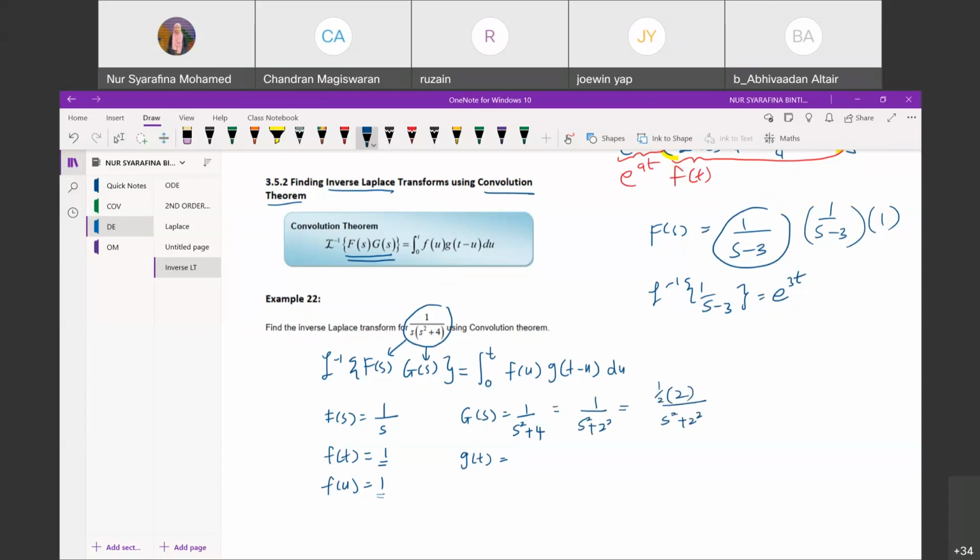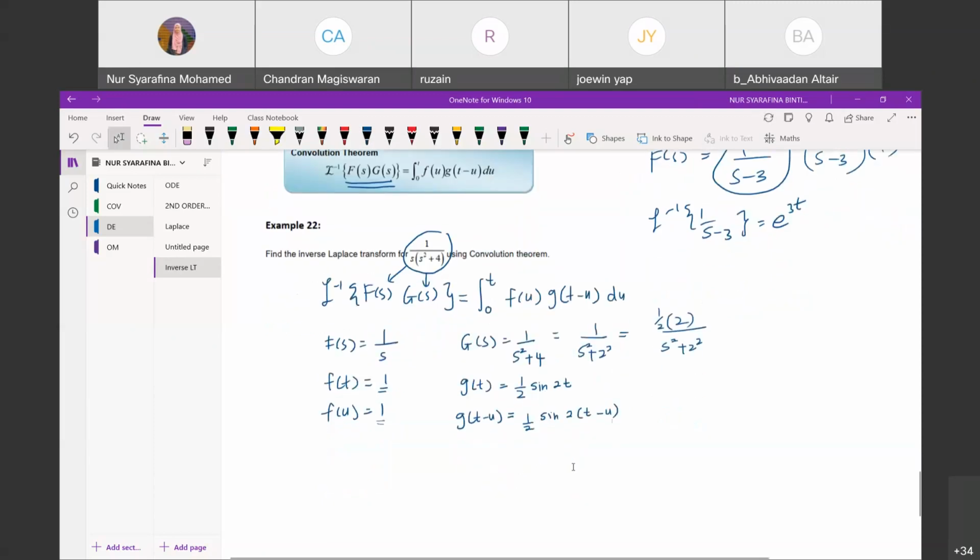So g(t) equals 1 over 2 sine 2t. Then g(t minus u) equals 1 over 2 sine 2(t minus u). And then we want to find the inverse.